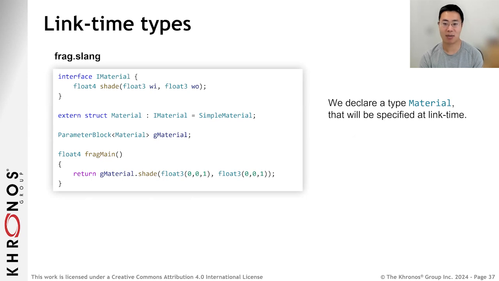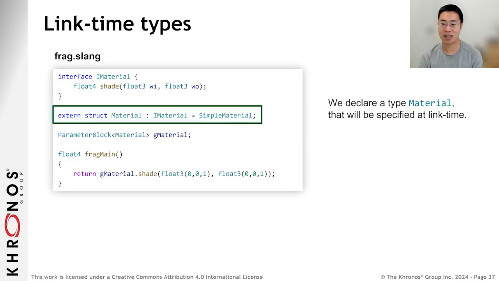We will define this iMaterial interface and implement it as usual. The difference is that now we're declaring a link time type called material that conforms to the iMaterial interface. What the highlighted line is saying is that it declares that there will be a type called material that is provided at link time, and that type conforms to the iMaterial interface.